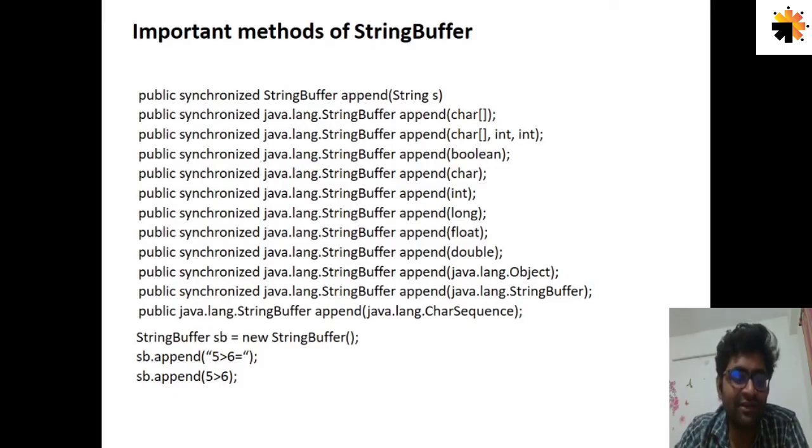If I simply give 5 greater than 6, then it will evaluate the value. So StringBuffer also has this capability to evaluate expressions. So 5 greater than 6 will return false, because 5 is not greater than 6. So it will evaluate the expression and show us the result in case of StringBuffer.